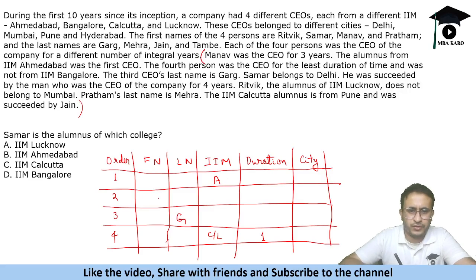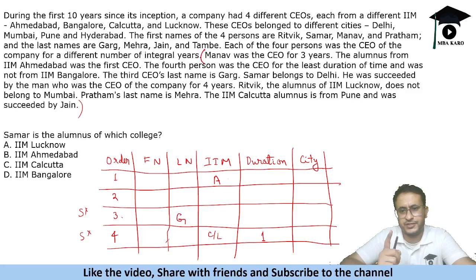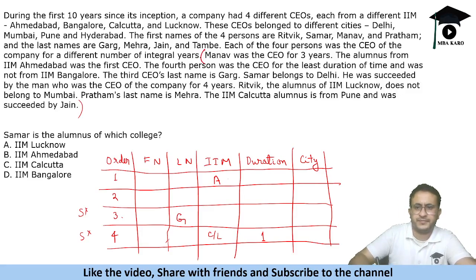So now Samar is succeeded by someone. So that means Samar cannot come here. Second thing, he is succeeded by the CEO of the company for 4 years. So Samar cannot be this person because after him the CEO is of just 1 year. So Samar is either first or second. Samar is first or second.